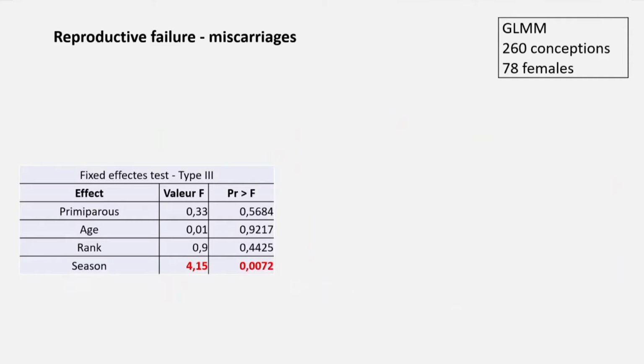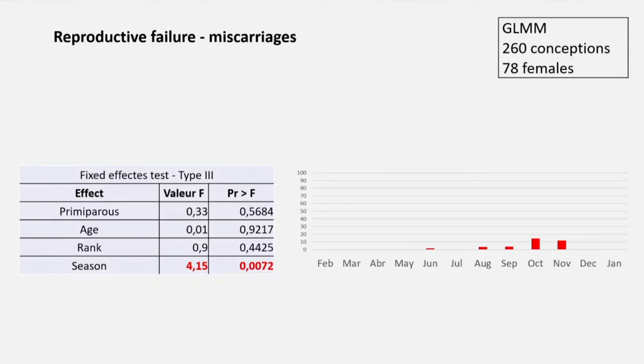Then we wanted to check the individual parameters and the ecological parameters that were affecting miscarriage. For that, as individual parameters, we analyzed the parity of the female, the age of the female, and the rank of the female. We didn't find any significance, but we did find significance on the ecological parameters. So we analyzed the season.